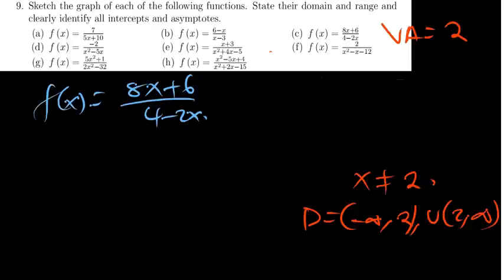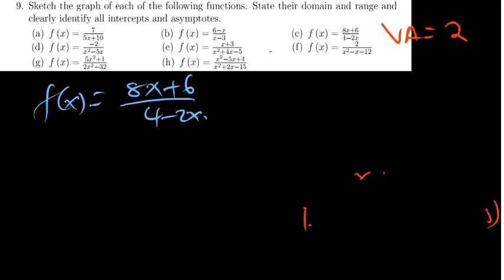To find the range, we know that if the numerator and the denominator have the same degree of power of x, then we divide the coefficients. In this case, I'm going to say y should not be equal to 8 divided by negative 2, which is going to give me negative 4.